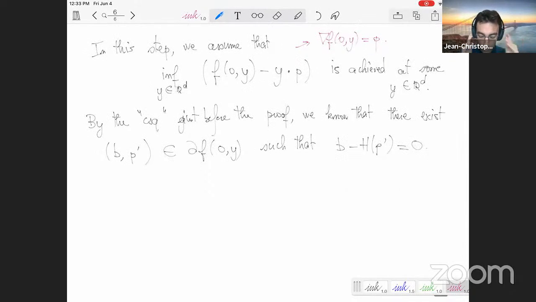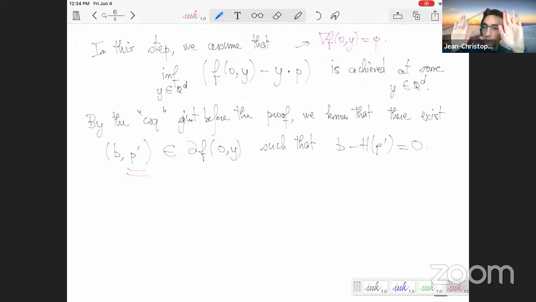And moreover, there is this slope in the subdifferential of f, which satisfies this property. If I think of f as being just a function of the space variable for a second, I fix the time to be 0. Then in particular, this p prime is a vector in the subdifferential of f, with the time frozen to be 0.